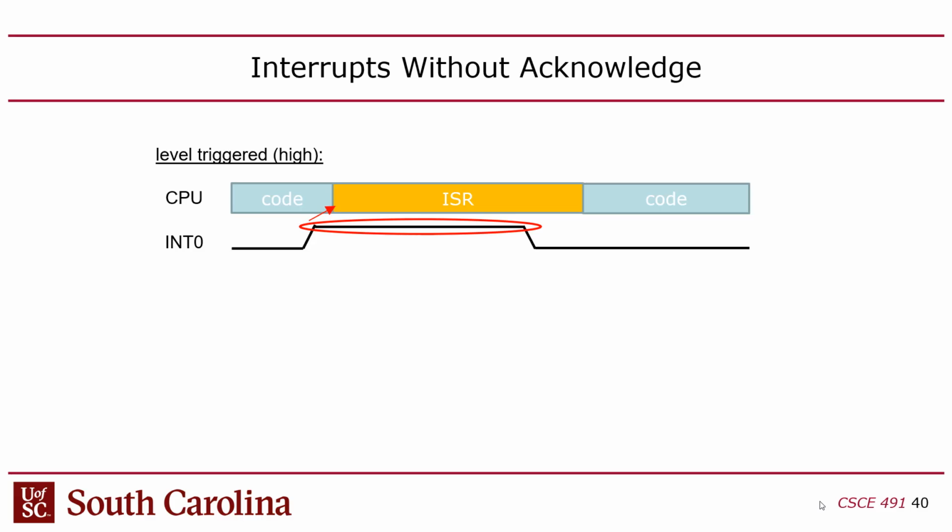You have an interrupt input pin, and when the interrupt happens, as the CPU jumps to the interrupt handler, it has to save the address that was in the program counter at the time it jumped. That allows it to return to what it was doing prior, right?